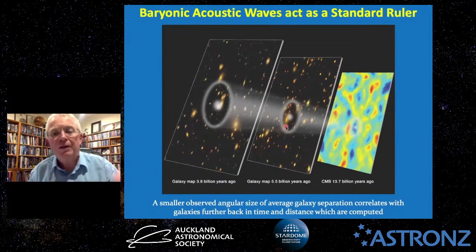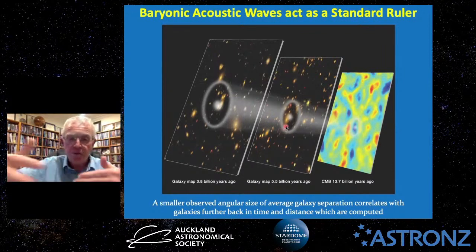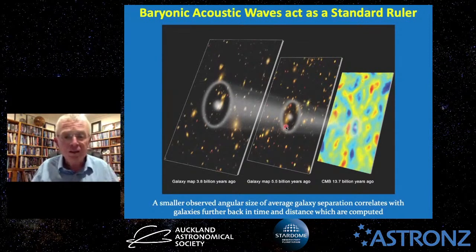When you're looking back through time, you're looking back through distance, and vice versa. Distance and time are all tied in with the evolution of the universe. So you can tell the distance. They call that a standard ruler, these sort of baryonic acoustic waves. So there you go. There's another sort of method that you can start using.